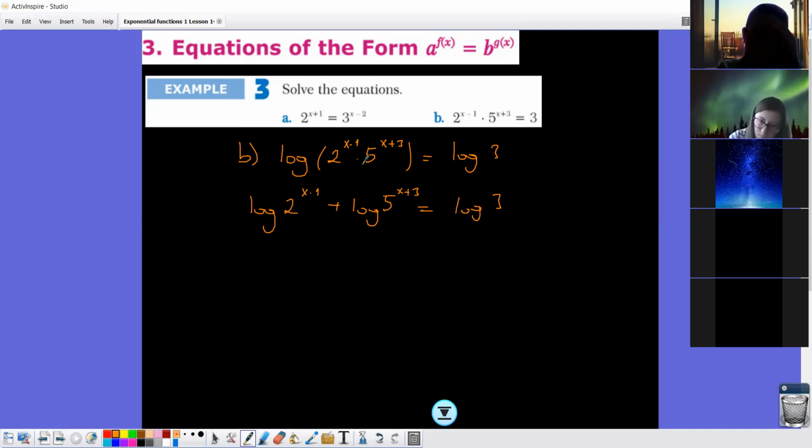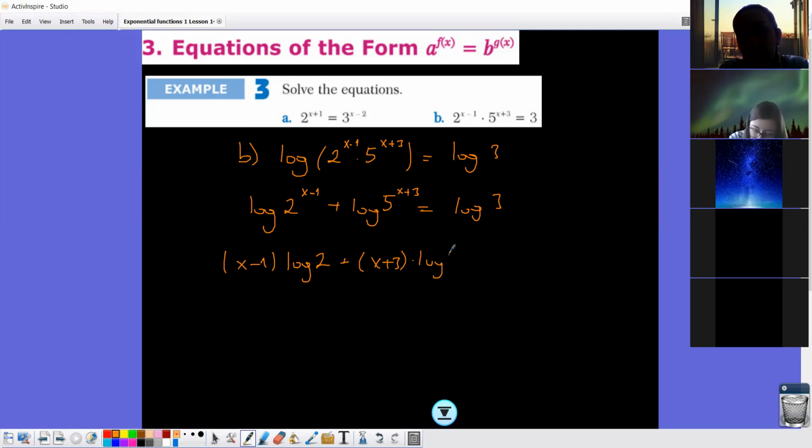Can I do this from the properties of logarithm? Yes, teacher. So again, we'll take the powers in front of the logarithm. So it will be x minus 1 times logarithm of 2 plus x plus 3 times logarithm of 5 is equal to logarithm of 3.